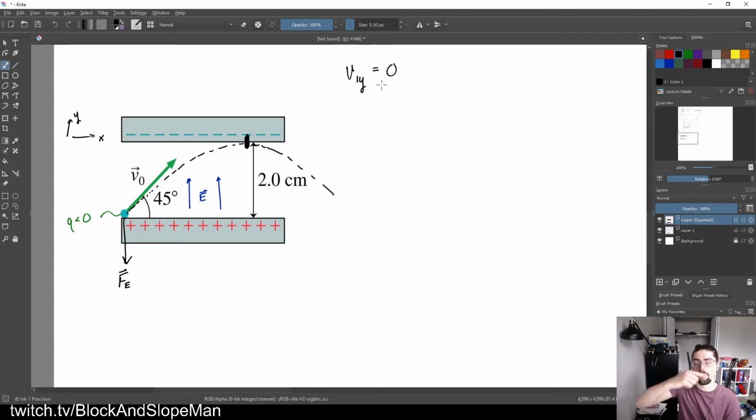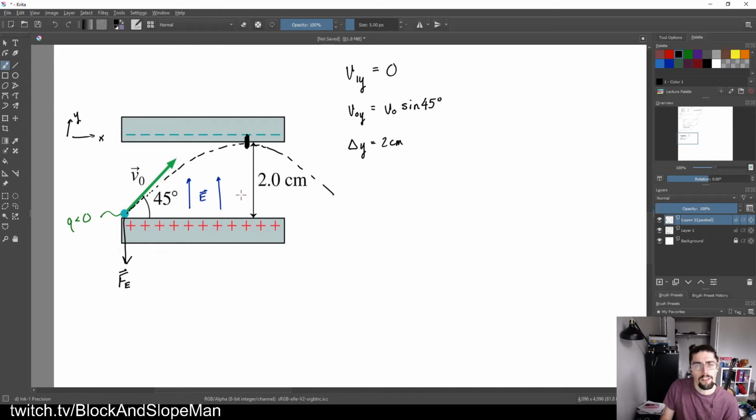That's when my velocity stops going forward, it hits 0, and then it turns negative again as I fall back down. So we know that. We also know that my initial velocity in the y direction is v0 times sine of 45, which we can plug in for decimal if we want, but I'll leave it for now. Okay, we also know, as we're going along with this thing, that delta y is 2 centimeters.